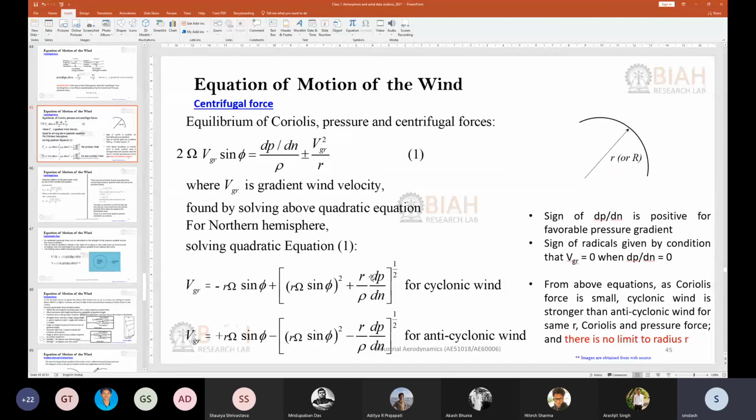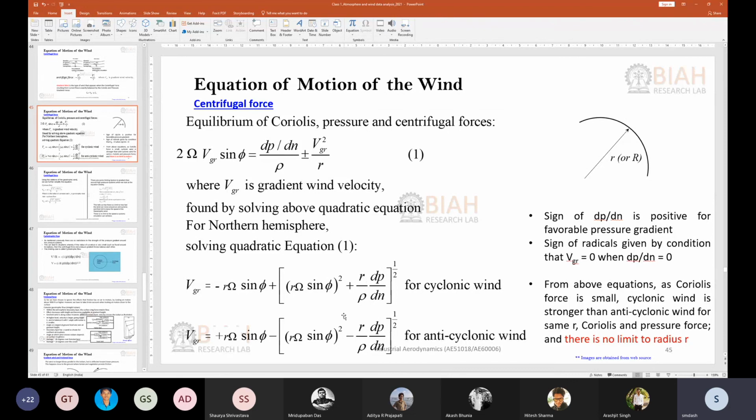We already discussed solar radiation and terrestrial radiation, because of which the thermal distribution changes, and due to that you can get any pressure gradient. And if a certain pressure gradient helps generate cyclonic wind, it may sustain it.